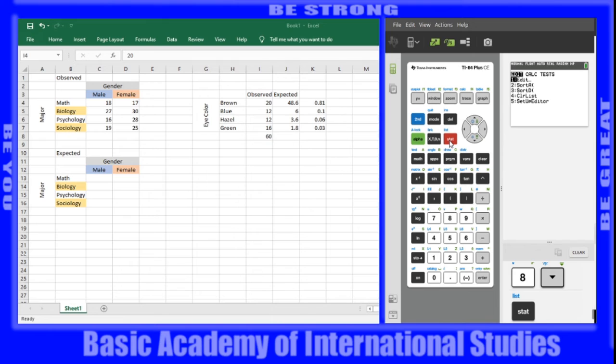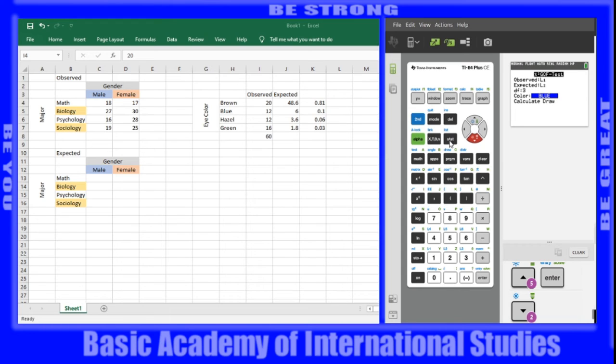So now we go into Stat. Now we can finally get to our chi-square goodness of fit. And we have L1 for observed, L2 for expected, and then we get this degrees of freedom. Now, degrees of freedom for chi-square is not done the same way as with pretty much anything else. With all of the things we've done so far, it's been n minus the number of parameters.